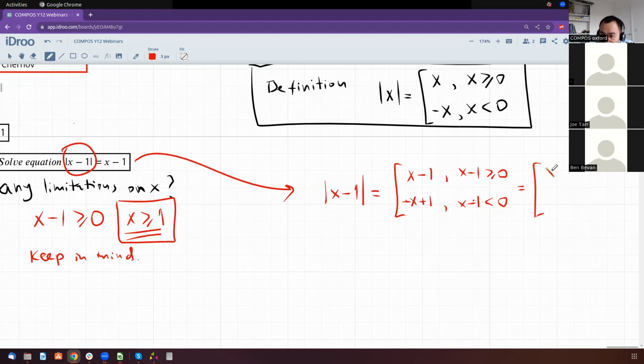So it's equal to x minus 1 if x is greater than or equal to 1, and it's equal to minus x plus 1 if x is less than 1. But we already know that x has to be greater than or equal to 1. So we can discard the second option.